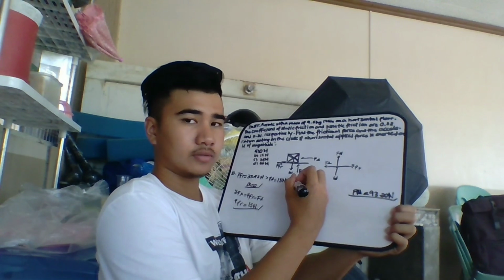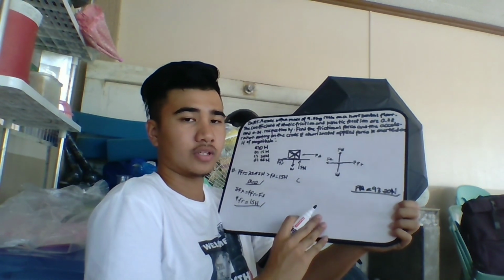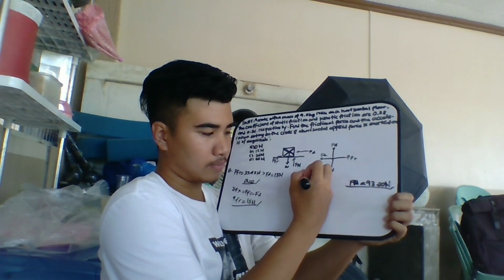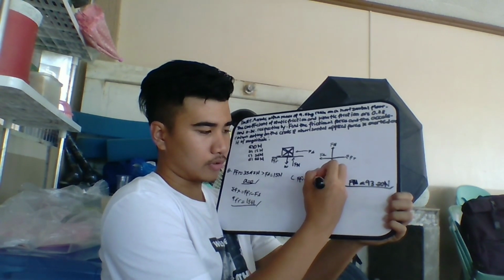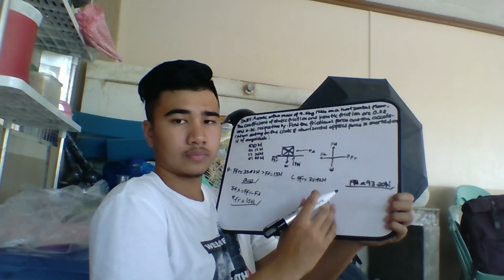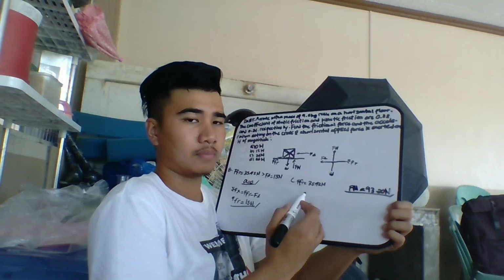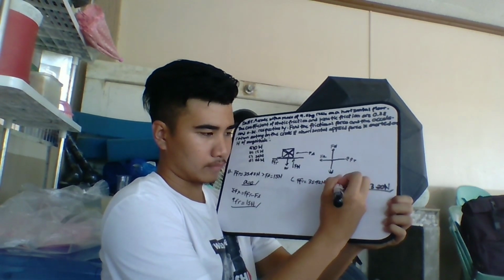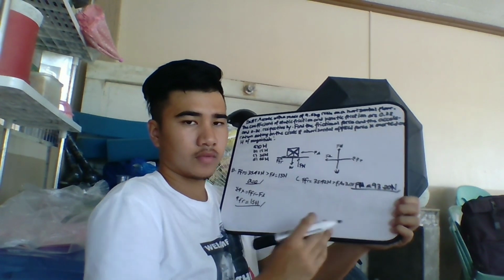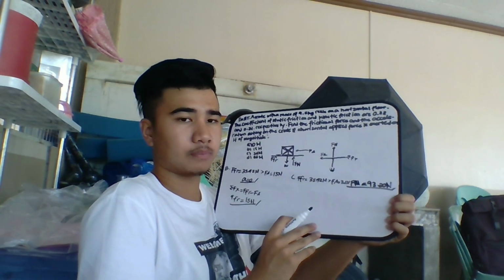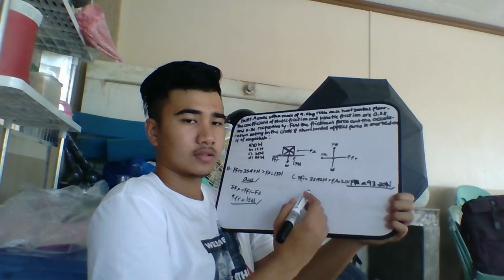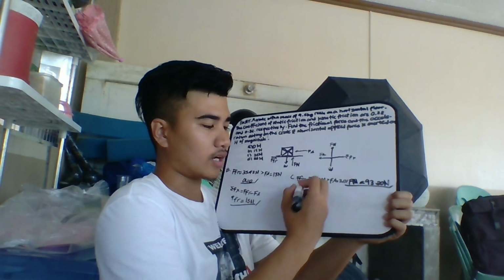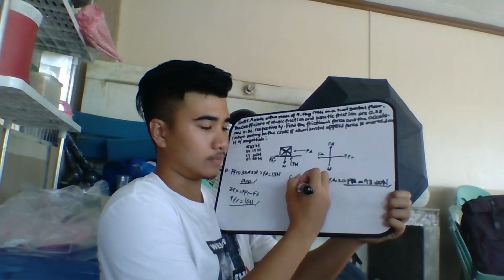For letter C, we will compare ulit ang ating force of friction na 35.42 Newton. Ang given natin sa force applied, letter C, is 35 Newton. Ibig sabihin, mas malaki pa rin yung force of friction by static sa force applied natin, which is 35 Newton, wala pa rin tayong motion, and therefore, the acceleration is equal to 0 ulit.